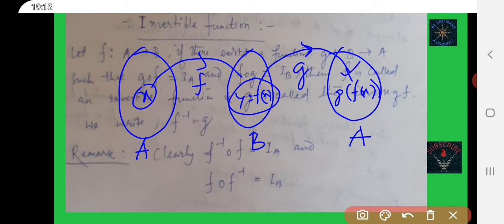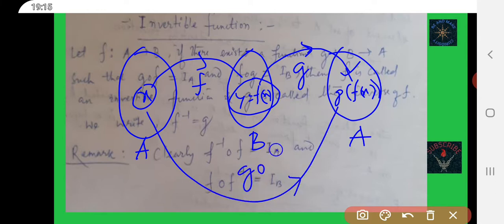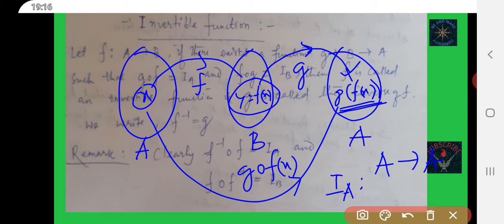This g∘f of x gives the element g of f of x, and as this is mapping from A to A, we have I_A, the identity function from A to A, which is equal to g∘f.